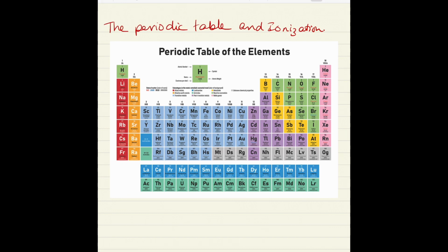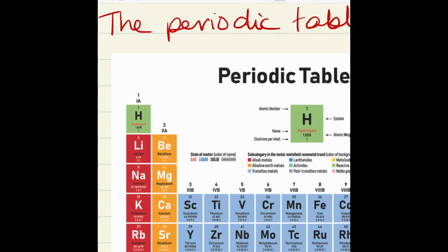Now, if you remember clearly, we did speak about how the elements in certain groups have particular valencies. So let's take a closer look. Group 1 elements have a valency of 1. Group 2 elements have a valency of 2.